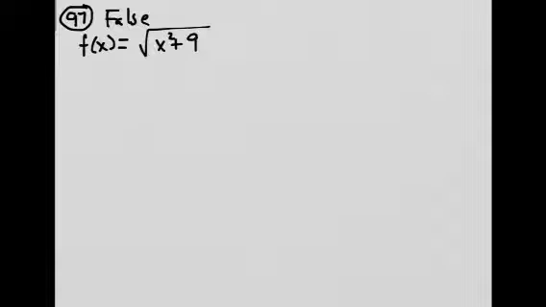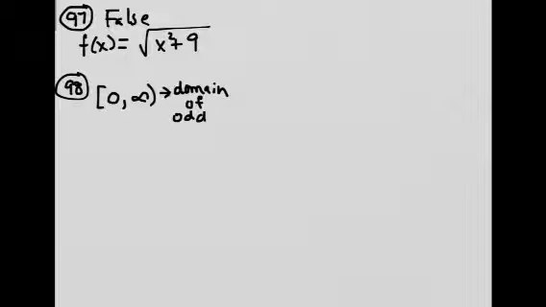So 98 says that it is possible for an odd function to have the interval 0 to infinity, including 0, as its domain. So you have to remember what an odd function is. Remember, an odd function says, I'll wait for the bell. Okay, that if (x, y) is on the graph, then (-x, -y) is also a point on the graph.